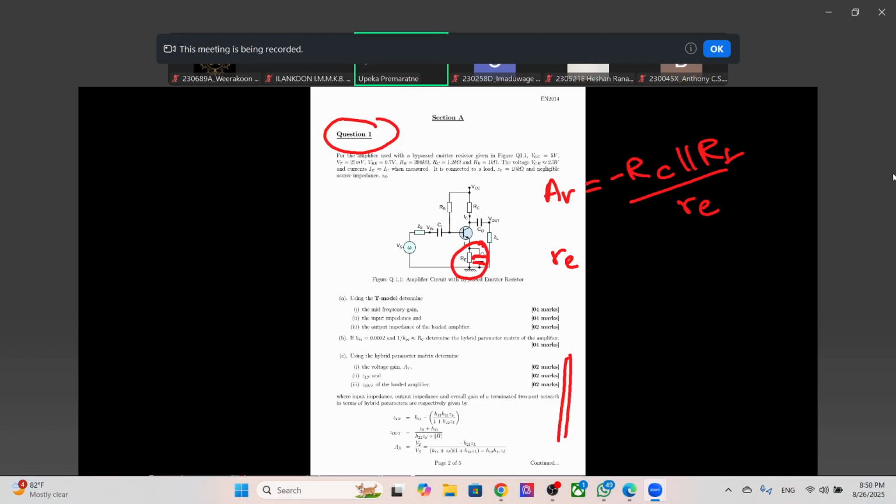The input impedance, that is this input impedance, is going to simply be, if we short circuit this, RB parallel to beta times RE.